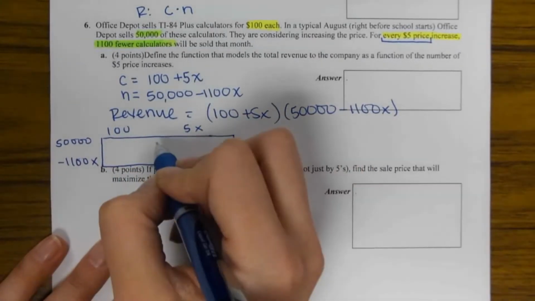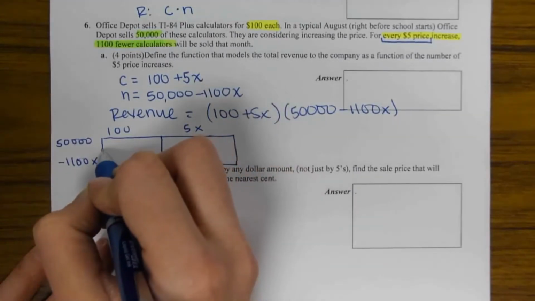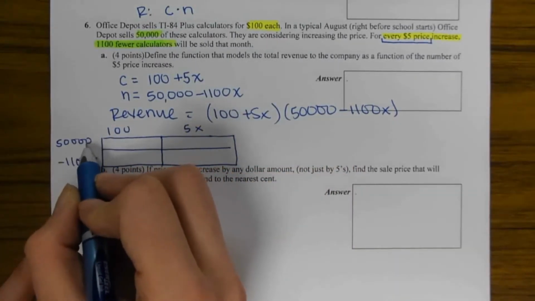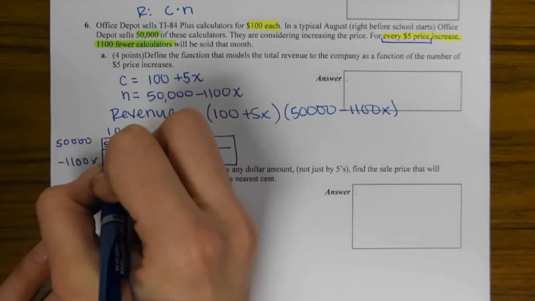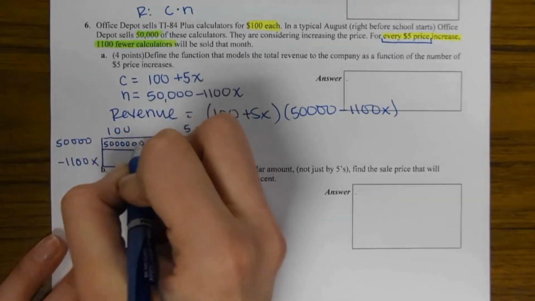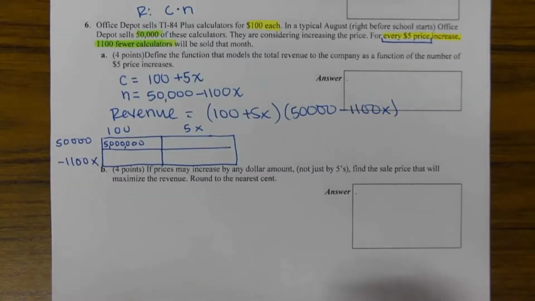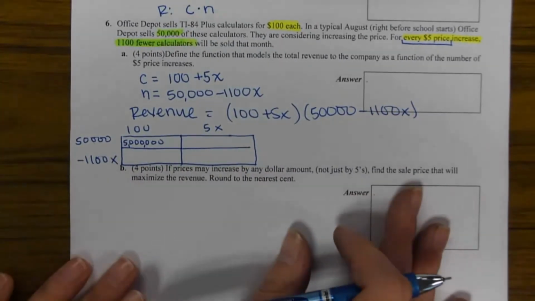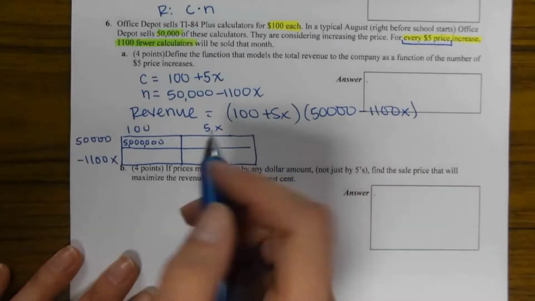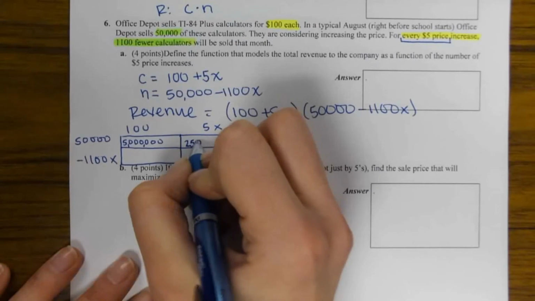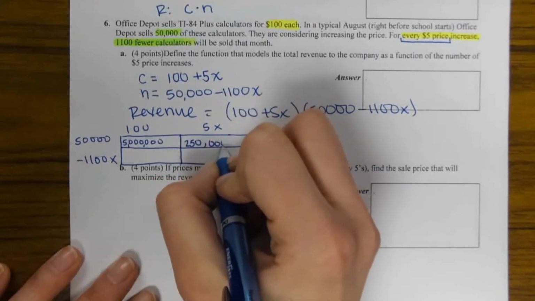So to complete this box, we will just multiply 100 times 50,000. Well, I would just add 2 additional zeros to this. And if you can't multiply that in your head, you always have your calculator. But 100 times 50,000 is going to be 5 million. 5x times 50,000, well, that's going to be 250,000x.